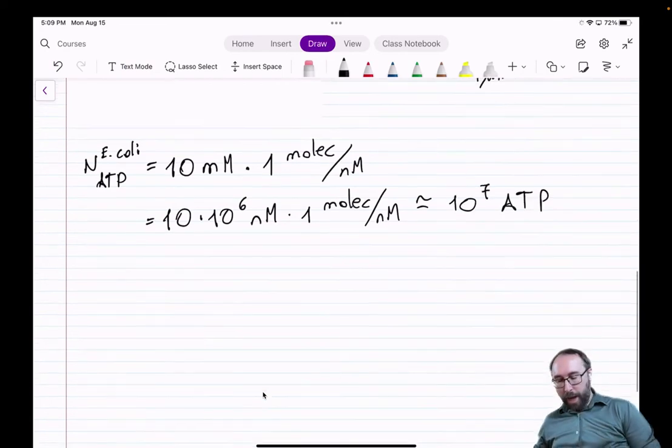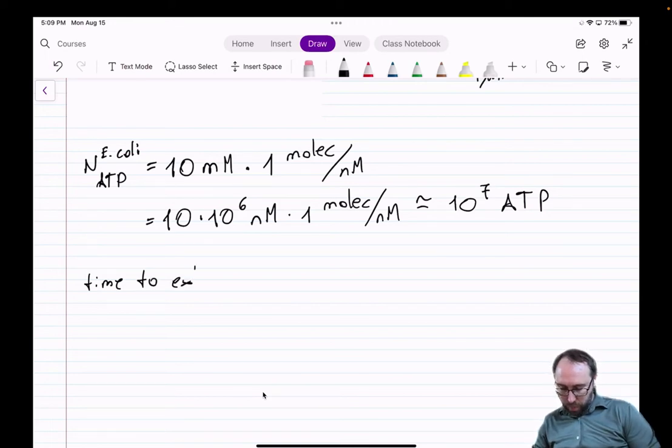Okay, and what's the rate? So basically the time to exhaust the ATP pool is then what?